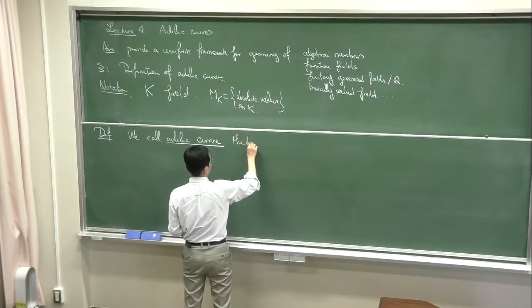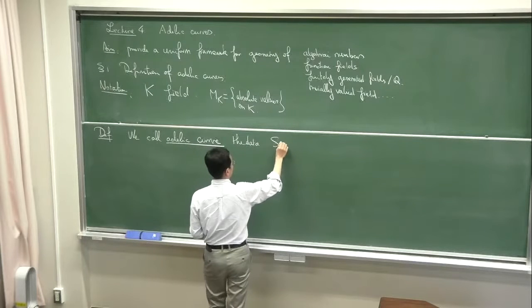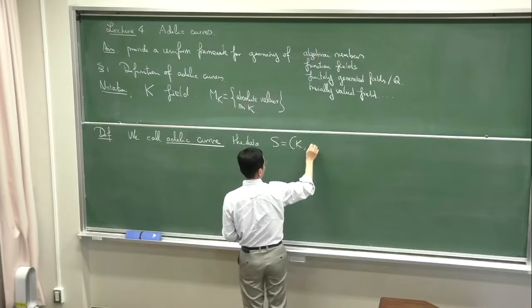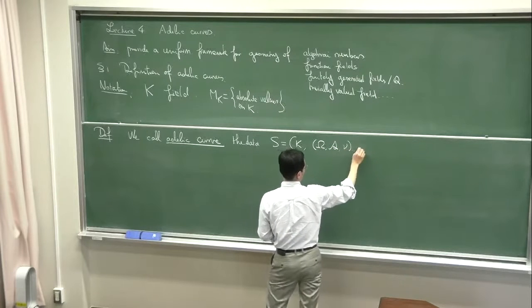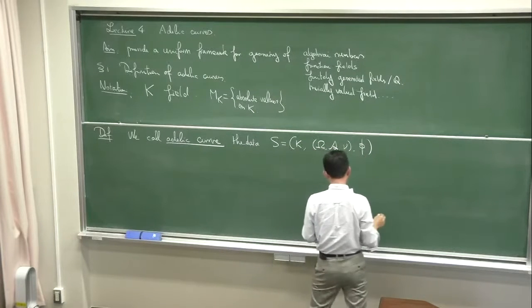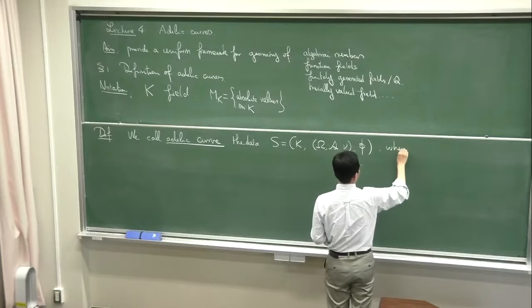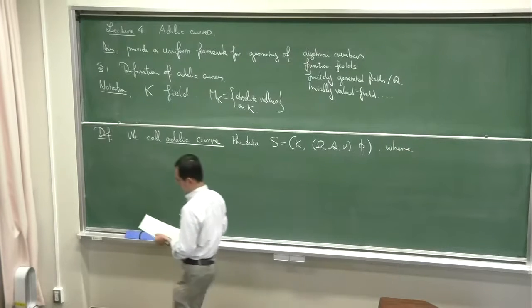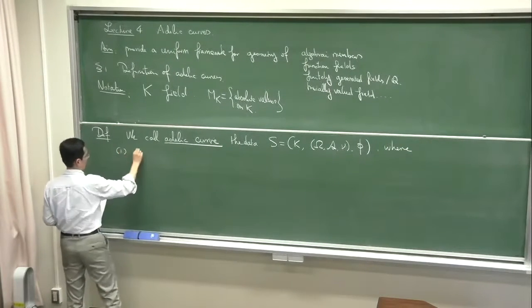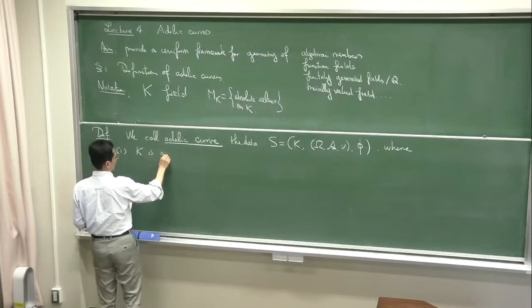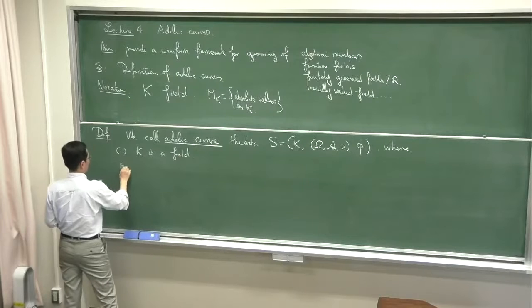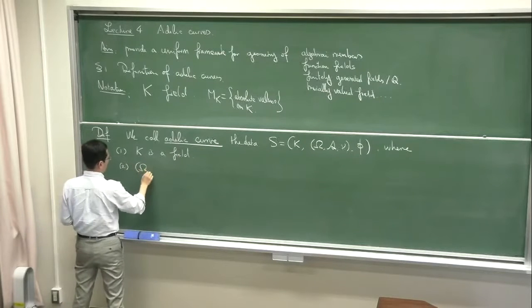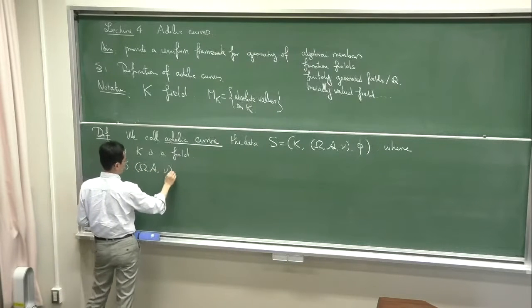The data S is (K, Omega, A, nu) and phi, where K is just the field. Secondly, (Omega, A, nu) is a measure space.